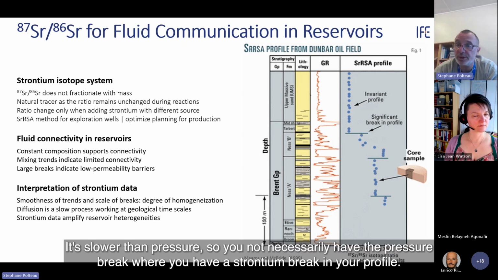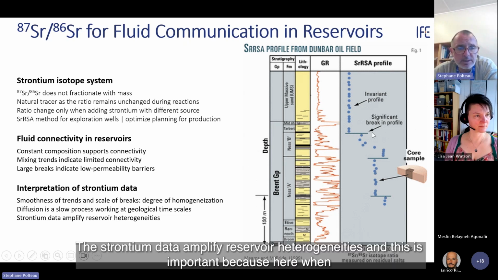It's slower than pressure, so you not necessarily have a pressure break where you have a strontium break in your profile. And so the strontium data amplify reservoir heterogeneities.